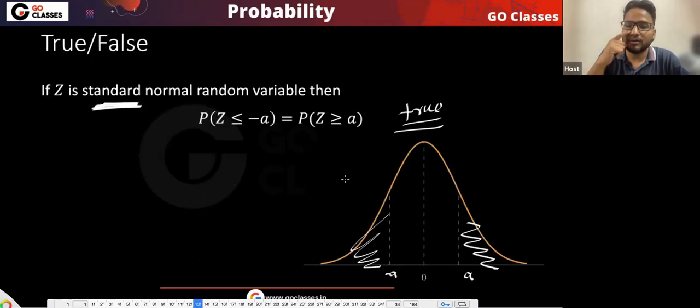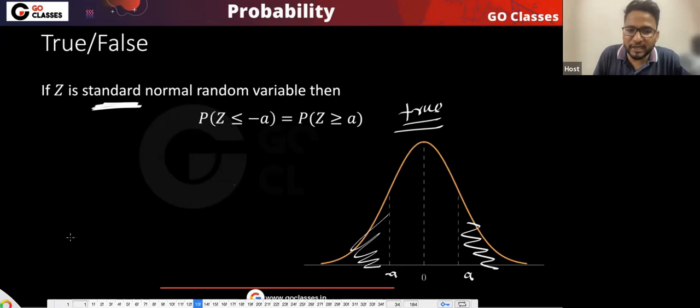Now there is one very interesting property that is quite handy and useful many times: z less than or equal to minus a is the same as z greater than or equal to plus a, since the distribution is symmetric about 0.